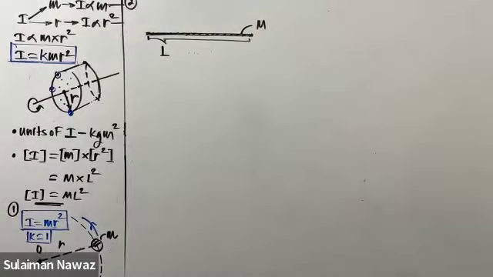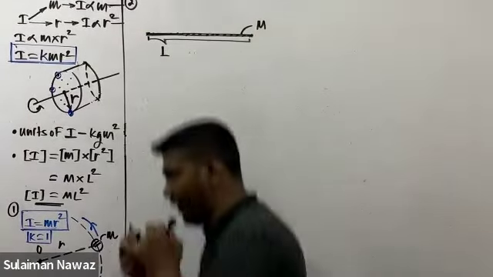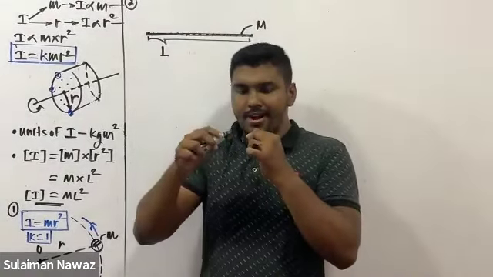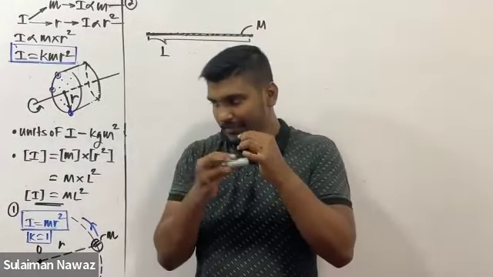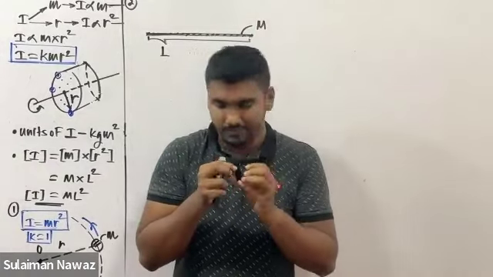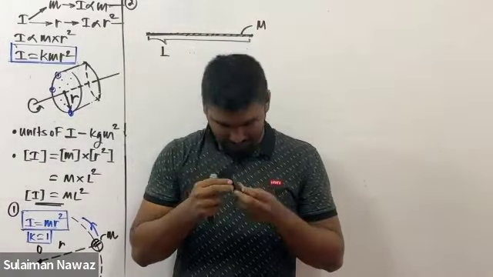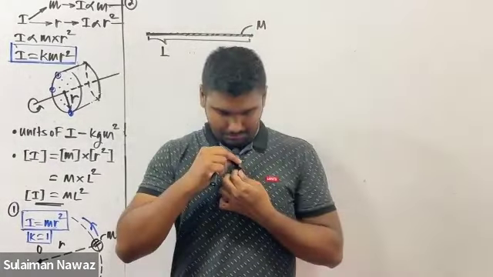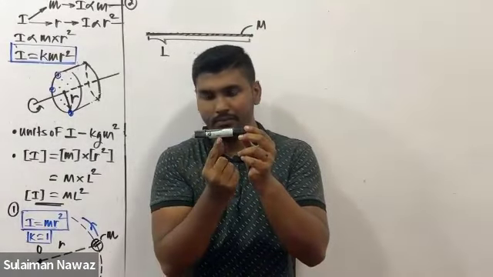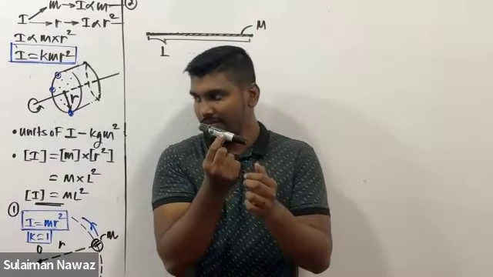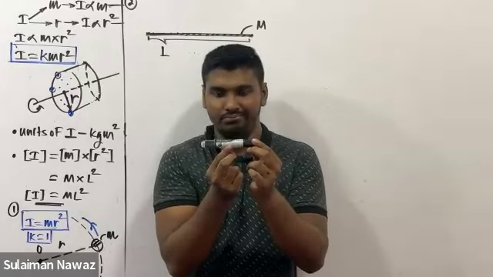Wait a second. This is the rod. I can make this rod rotate in different axes. Okay. Now see. Now see. Can't see any.